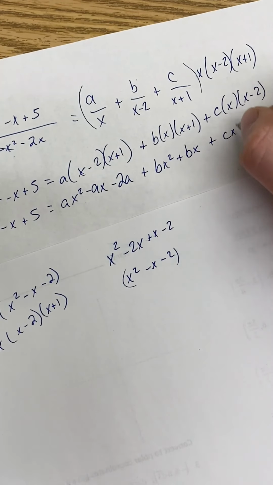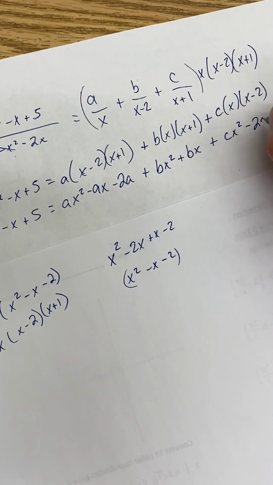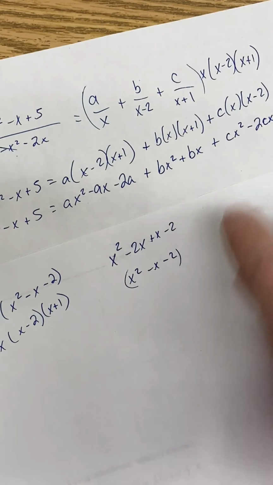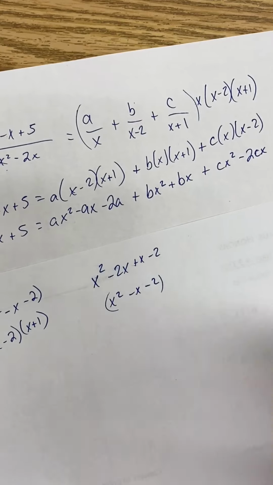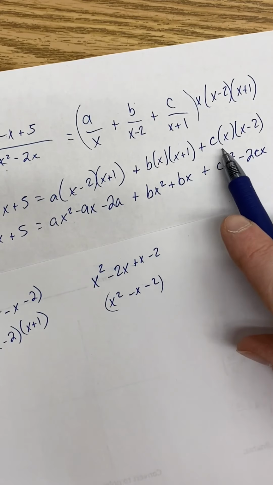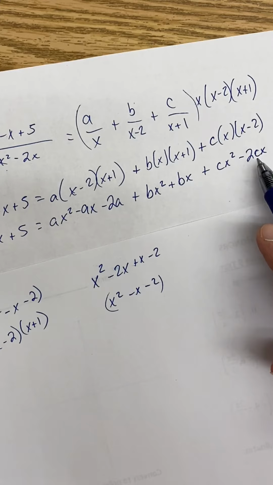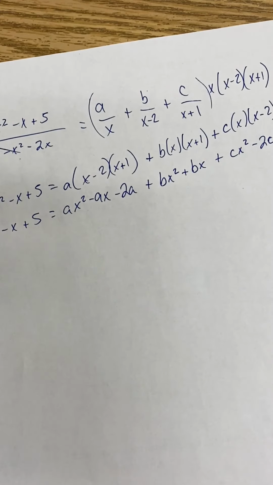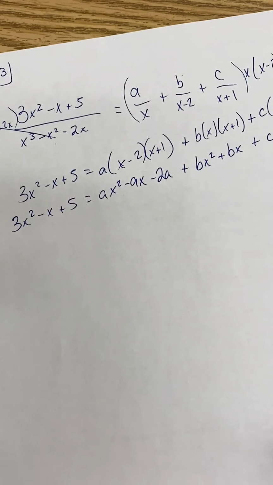Cx times x is cx squared, and cx times negative 2, so negative 2cx. I guess I'm going to try to keep it the same order that I have these other ones in. All right, so always good to do a little double check here and make sure everything's looking good. This is the easiest place to mess up. And once you mess up here, of course, it throws everything off. All right, so I feel pretty good about that. So I'm gonna move on to the next piece.